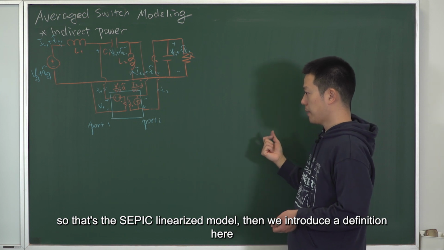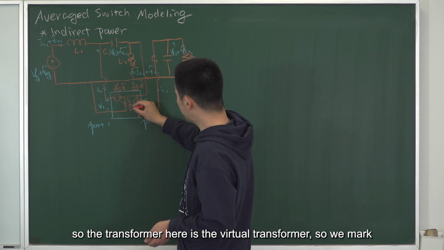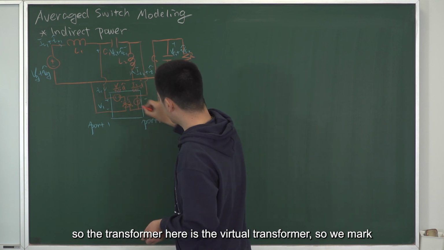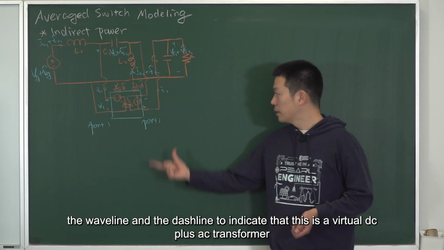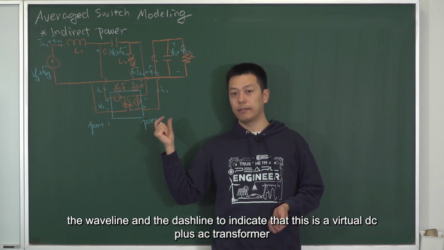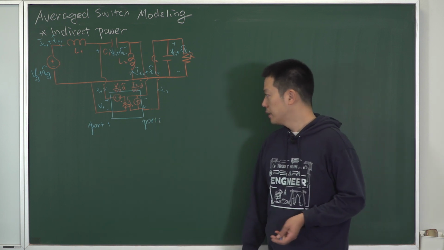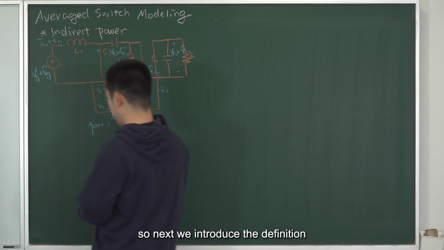Then we introduce a definition here. So the transformer here is the virtual transformer. So we mark the wave line and the dash line to indicate that this is a virtual DC plus AC transformer. So next we introduce the definition.